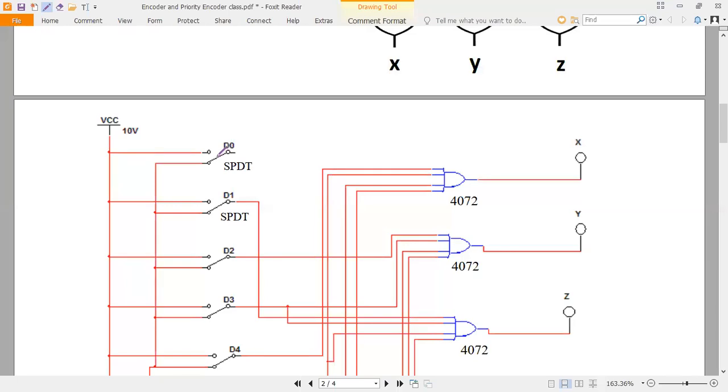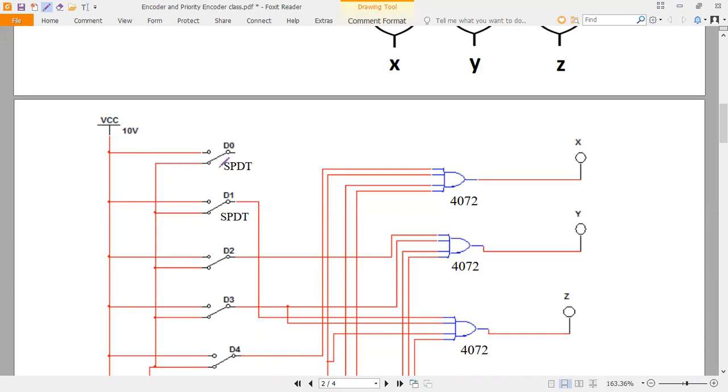If the switch is connected to VCC, it will have the value logic 1. If the switch is connected to ground, it will have logic 0. So the switch can take this position or this position. These two are the switch positions.